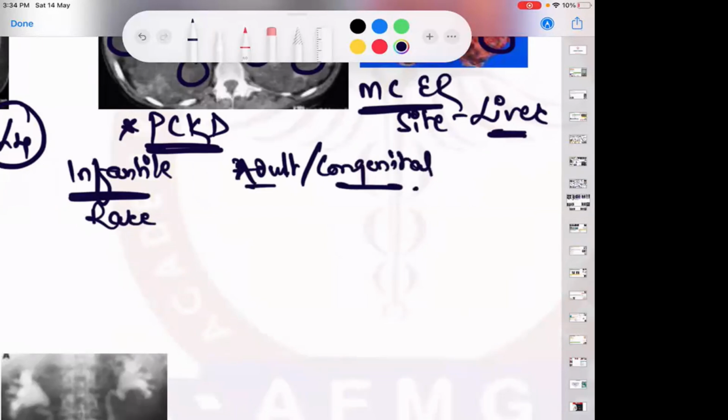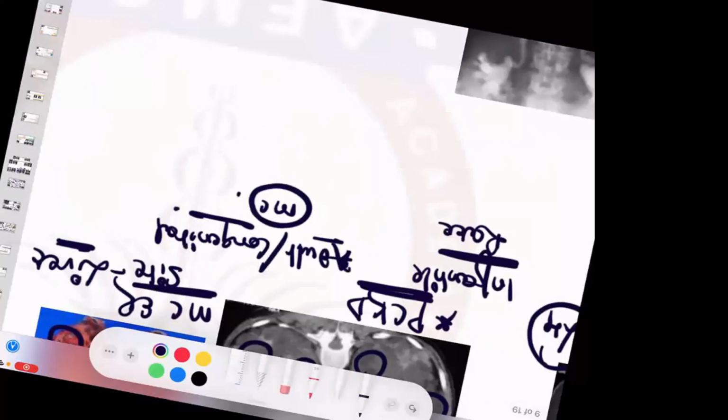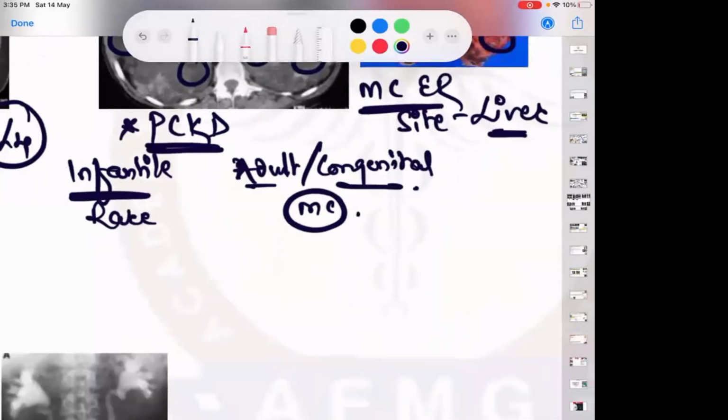Adult PCKD is also called as congenital PCKD, and it is more common. So if they ask you which is the more common type of PCKD, then the answer would be adult or congenital PCKD. Here the patient presents to you after 25 years of age, usually after 25, 30 years of age. Okay, please remember.